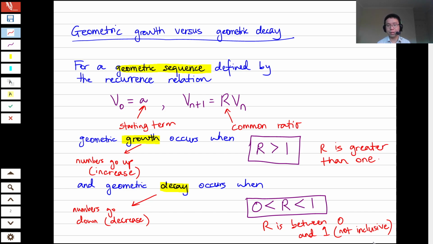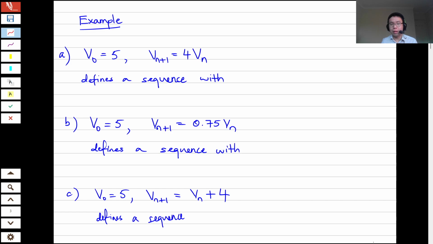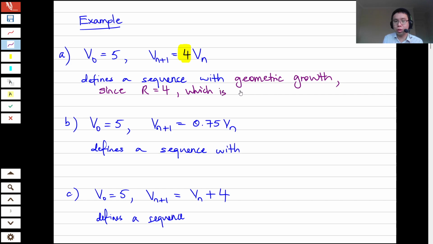I know this is a bit abstract, so let's make this concrete with an example. So have a look here. In this first example, my common ratio is 4. Notice that the number 4 is bigger than 1, so this is going to define a sequence with geometric growth. And if I were to give a reason, I would say since capital R, my common ratio, is 4, which is greater than 1.